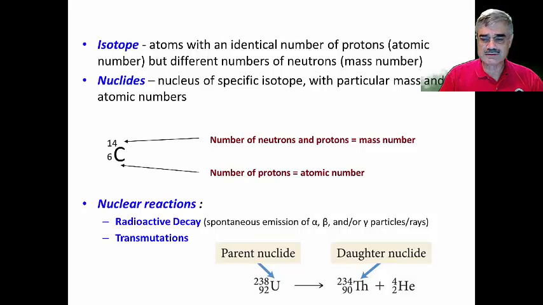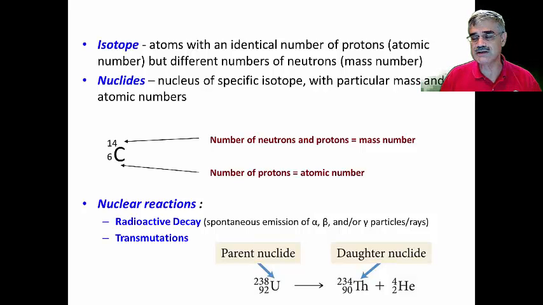Another category, and there's sort of a gray area in between these, would be what we call transmutations. In a transmutation, a given nuclide reacts with either another nuclide or a small subatomic particle, such as a proton or a neutron or what we will call an alpha particle. The 2 react together, and in doing so, sometimes they form bigger nuclides, sometimes they break up and form smaller nuclides.